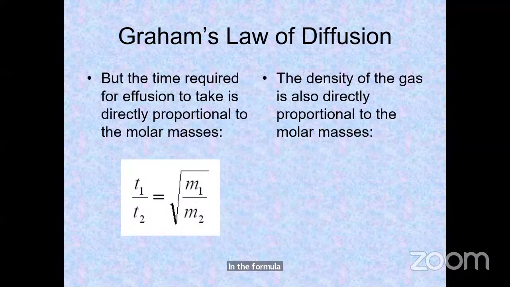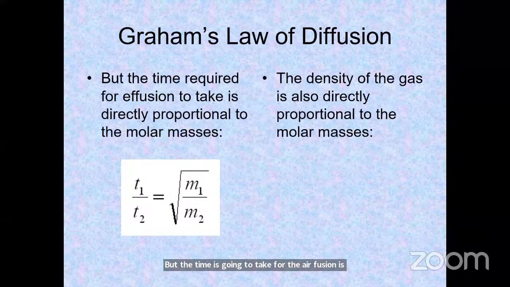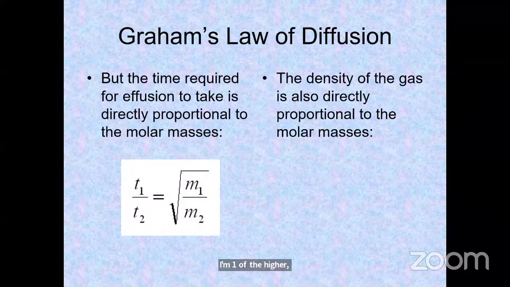But the time it's going to take for the effusion is directly proportional to the molar mass. It means that if you have two gases, one of a lower molecular weight and one of a higher molecular weight, the one of a lower molecular weight will travel faster.